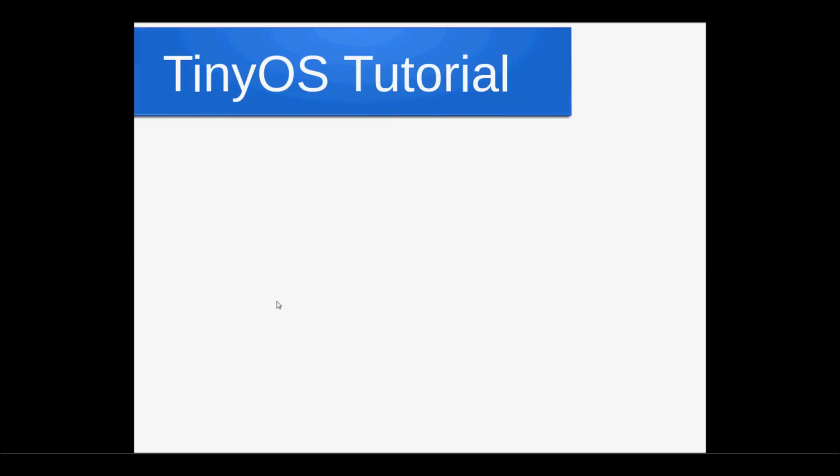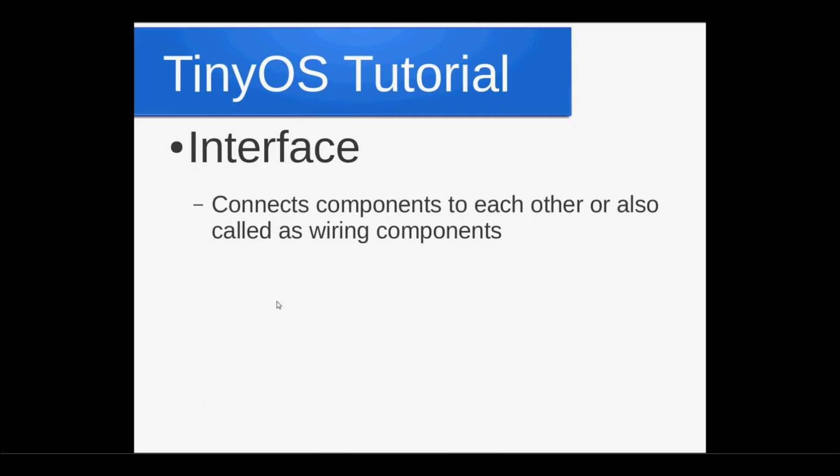Another important part of the TinyOS structure is interfaces. Interfaces are intended to connect components to each other and form a relation, and basically form the logic of how components interact together and what they are supposed to do in your application. So for example, if we have component A and component B, we can wire them through an interface.